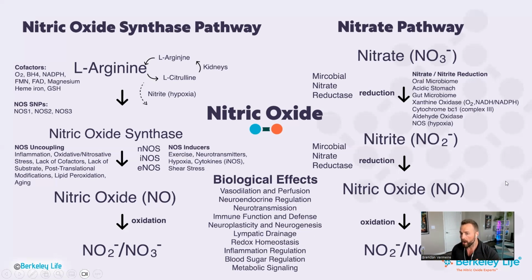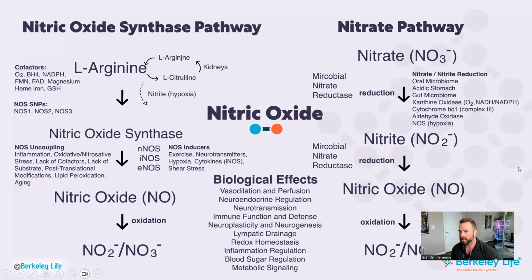Now, there are other sites and pathways, and there are new mechanisms being discovered seemingly constantly of other ways that we can reduce nitrate or nitrite into nitric oxide, such as xanthine oxidase or cytochrome bc1 or complex 3 of the electron transport chain, or aldehyde oxidase. We've also seen that muscle, skeletal muscle, is a major site of nitrate storage.